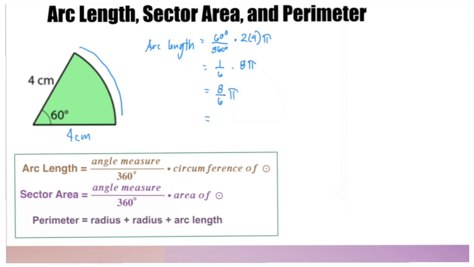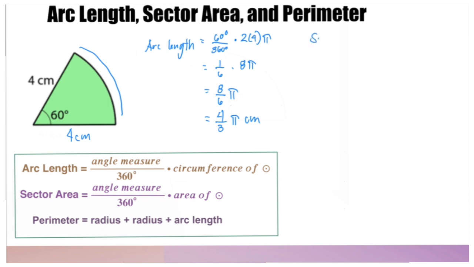As much as possible, we simplify. This could be 4 over 3 pi, and it's in centimeters. Are we correct here? Yeah, 60 divided by 360 is 1 over 6 times 8. It's 4 over 3. Okay.